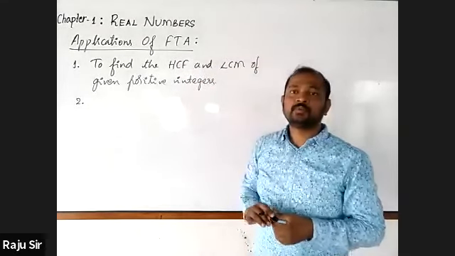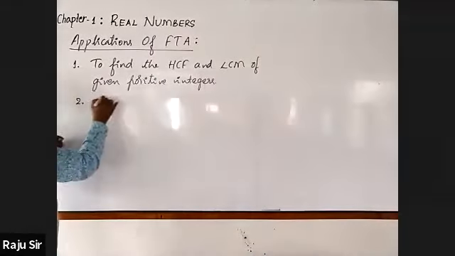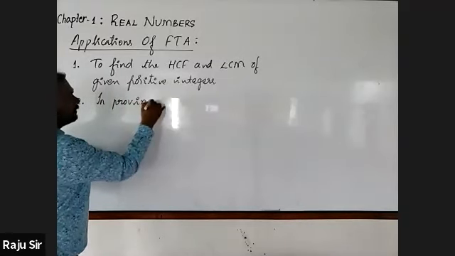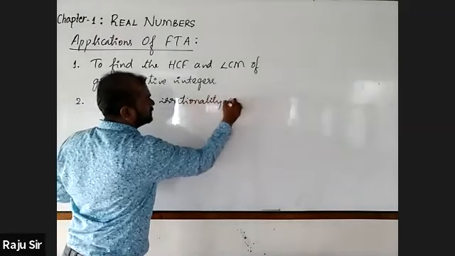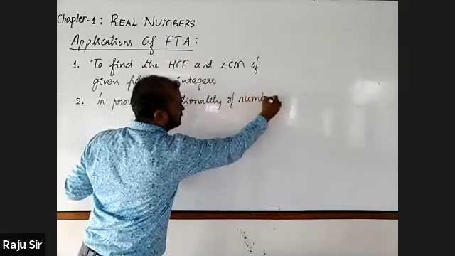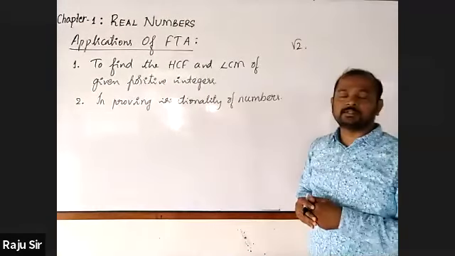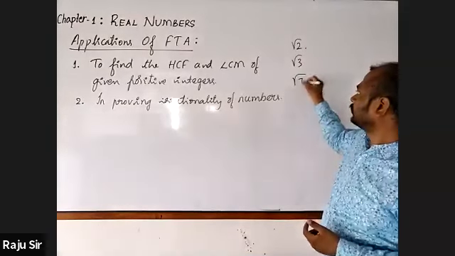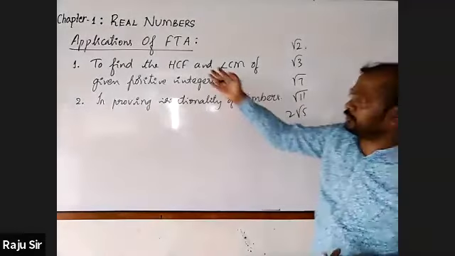It is used in proving the irrationality of numbers, like proving root 2 is irrational. Not only this, root 3, root 7, root 11, 2 root 5, and even binomials, we will prove using FTA.